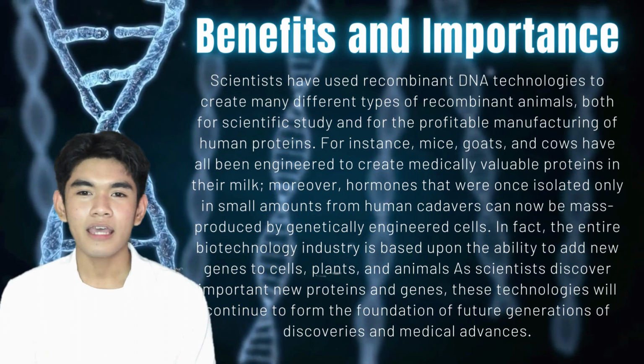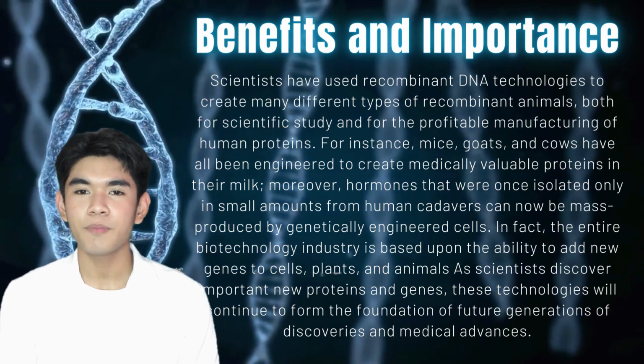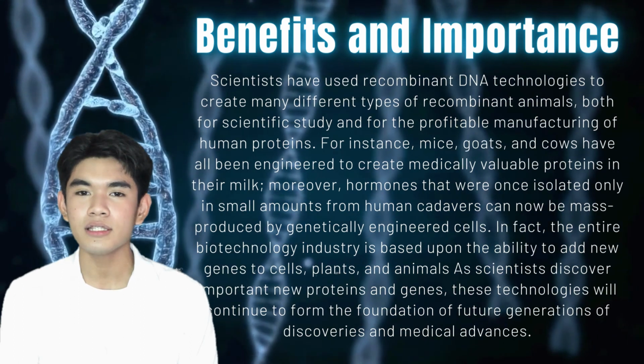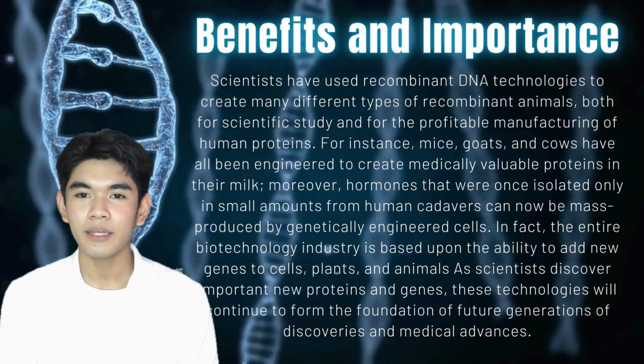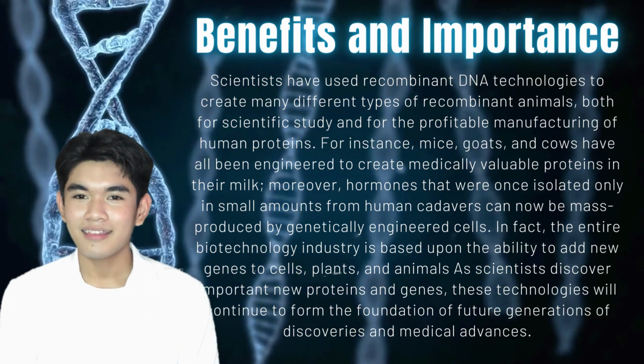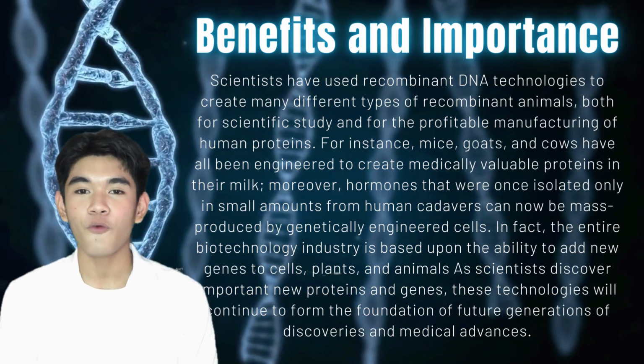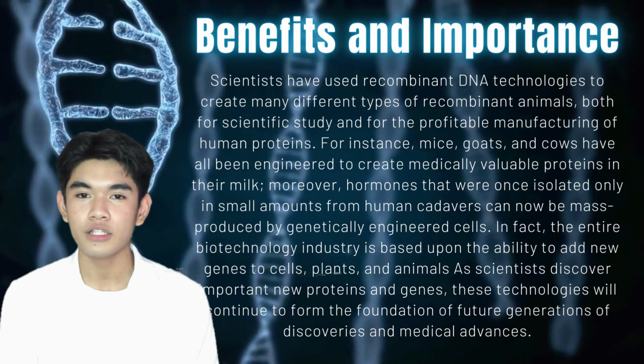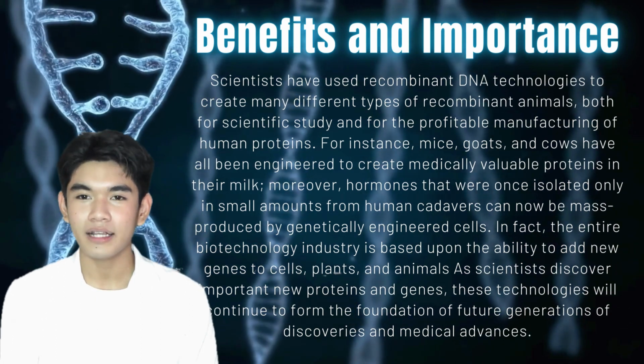In fact, the entire biotechnology industry is based upon the ability to add new genes to cells, plants, and animals. As scientists discover important new proteins and genes, these technologies will continue to form the foundation of future generations of discoveries and medical advances.